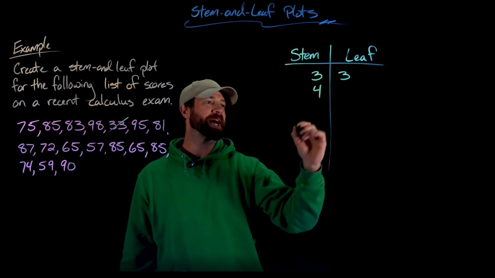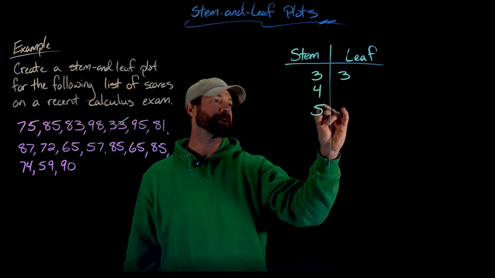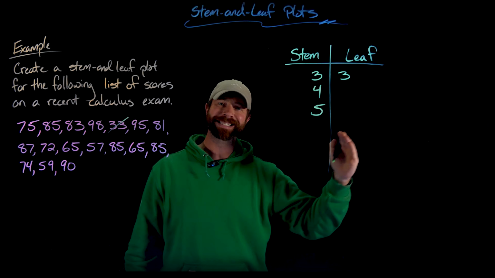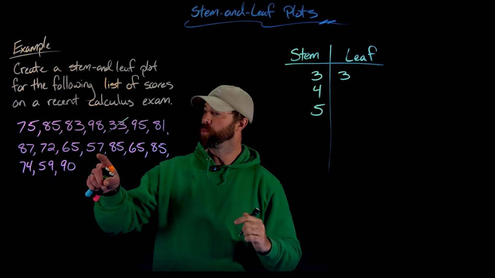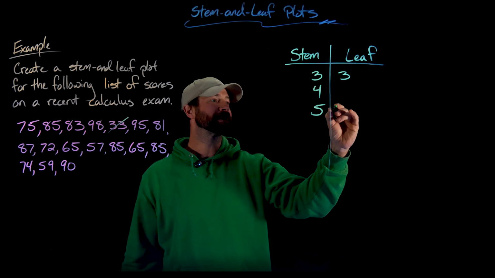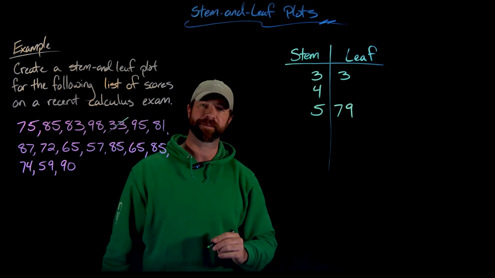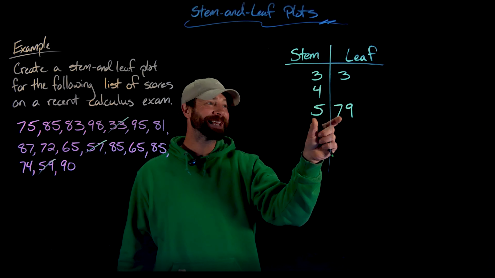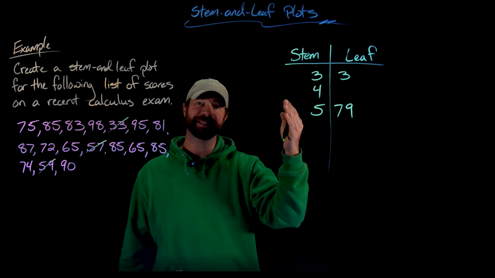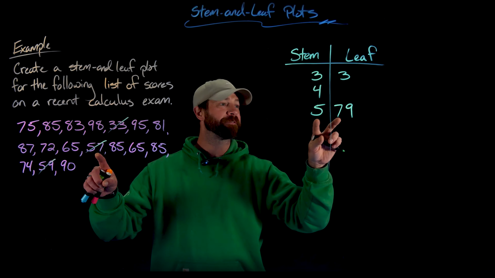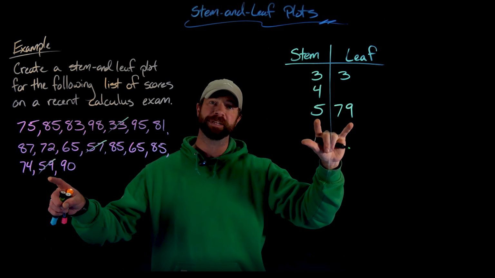The way that we do that is we write a 5 here for each of those, and over in the leaf, we just list the single digits, the ones digits. So this represents 57, and then I'm going to write a 9 after it. So again, this row with the 5 in the stem, and then a 7 and a 9, represents both the 57 and the 59.